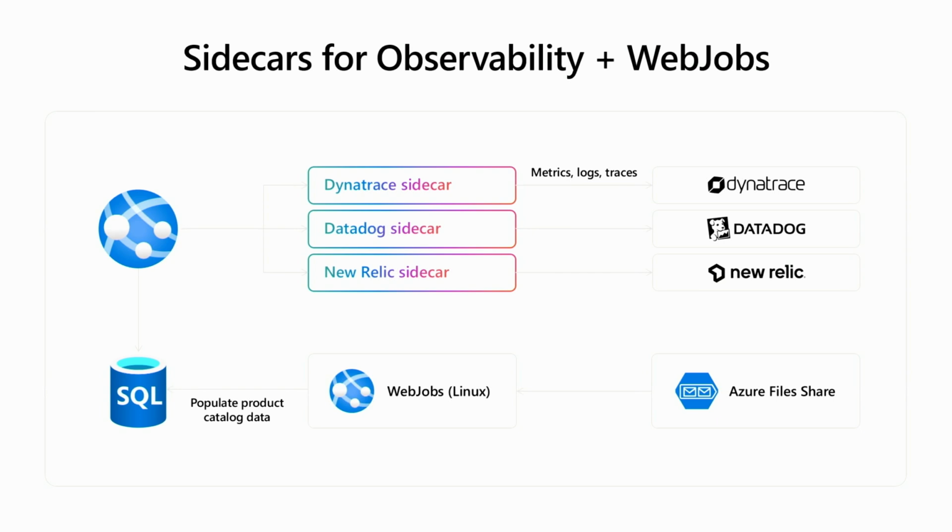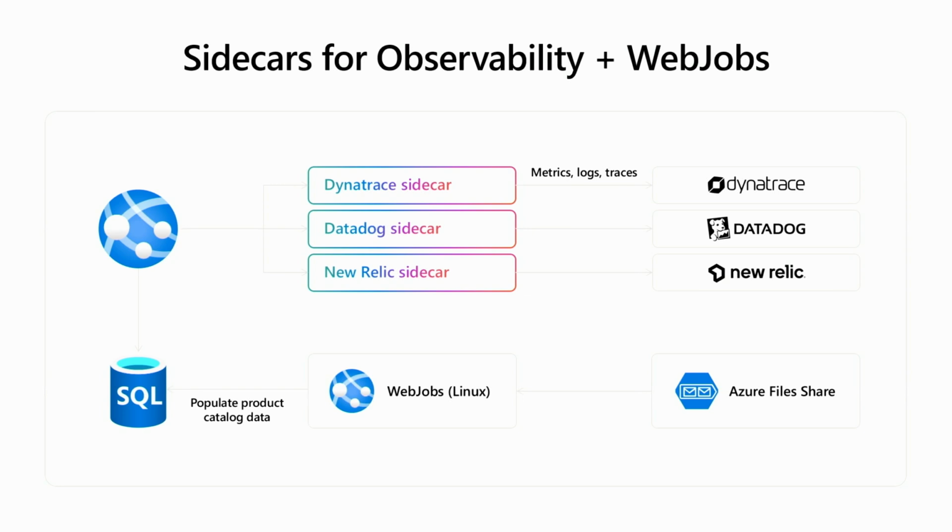For the last few months, we have been working with Azure native ISV service partners to bring some observability integrations for you. The three partners that we've been working with are Dynatrace, Datadog, and New Relic. Today, we are going to show you how you can take the images provided by these partners, load them as sidecars to your main application, and then see your metrics, logs, and traces go into the respective backends.